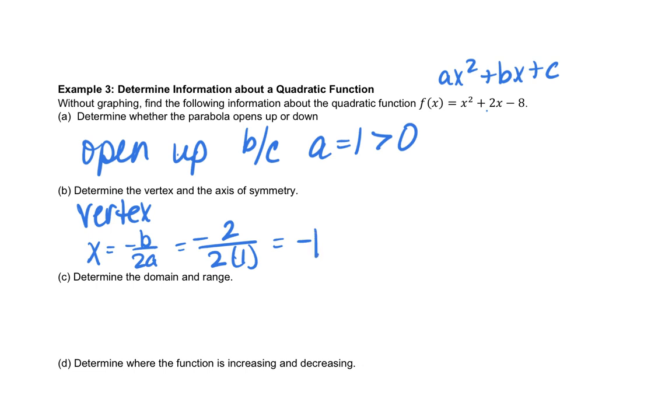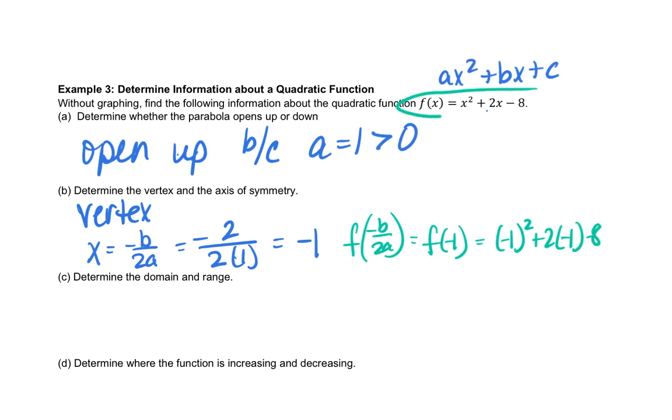And now to get the y value, you have to plug negative 1 back into your formula. So f of negative b over 2a, which is f of negative 1. So that means negative 1 squared plus 2 times negative 1 minus 8.